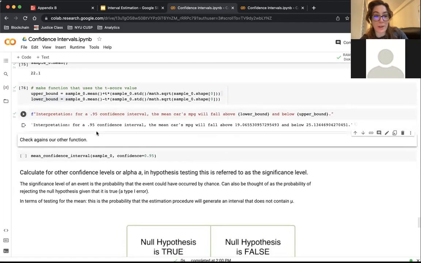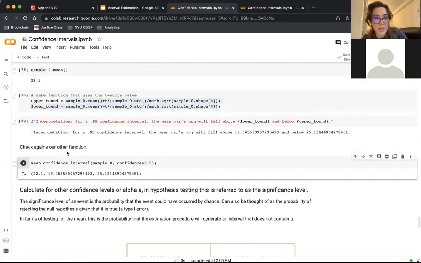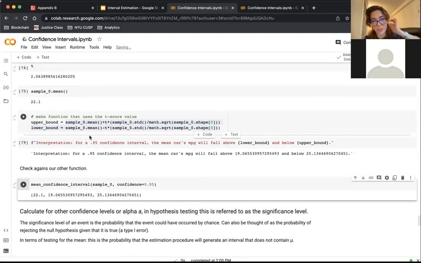And we can use that other function we had, because this just simplifies it and puts in all the different items we had here. We can use that other function I defined before, the mean confidence interval, and we should have the same values. So this is just unpacking that function and showing it in a different way.